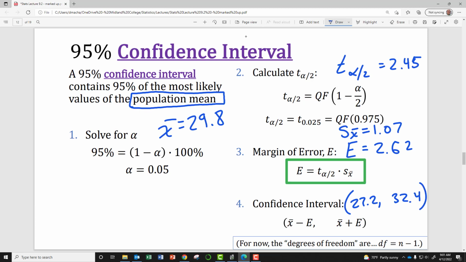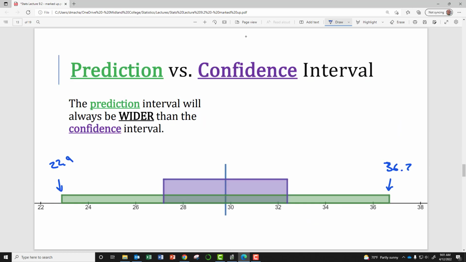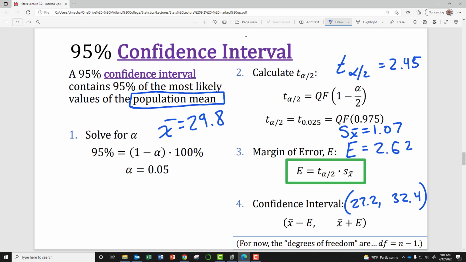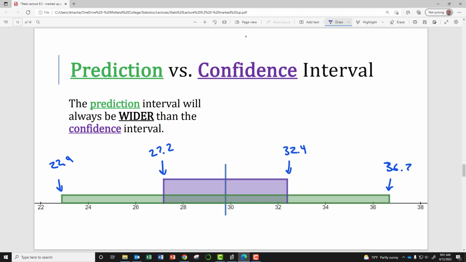My confidence interval had lower bound 27.2 and upper bound 32.4. So my confidence interval is going to be that purple rectangle that's not quite as wide as the prediction interval. And these are both intervals that are centered around my sample mean. My sample mean was 29.8. So keep this visual in your head about the prediction and confidence intervals.